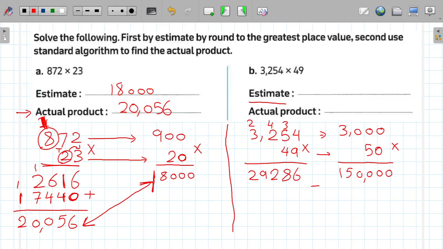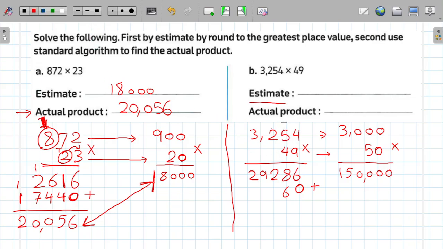29. Okay, so I will write 0 in one's digit first, and I will multiply by 4. 4 times 4 equals 16. So I will write 6 and carry up 1. So let's remove the numbers here.